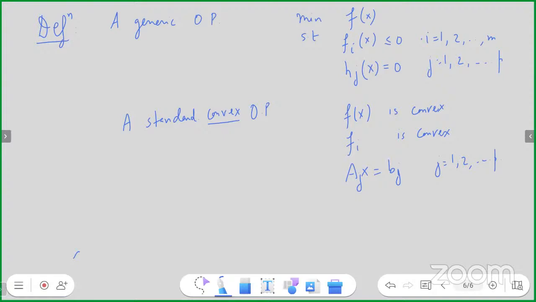So what would be your immediate question? You should ask, right? You wrote a very generic program, and suddenly you came down to something much simpler.